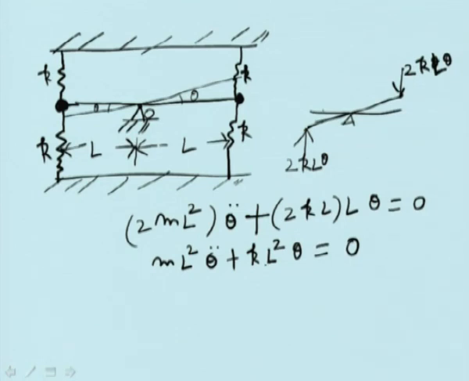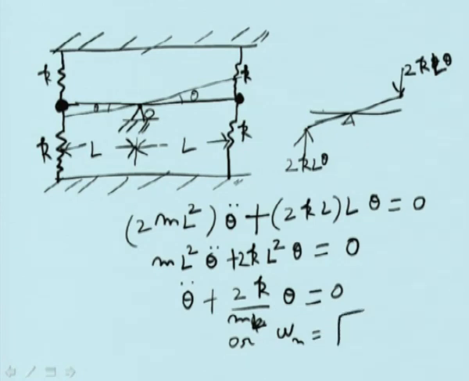Or L square gets cancelled. So therefore this is theta double dot plus 2K by m theta equal to 0, or omega n of this system is given by under root 2K by m.